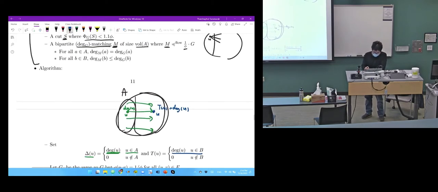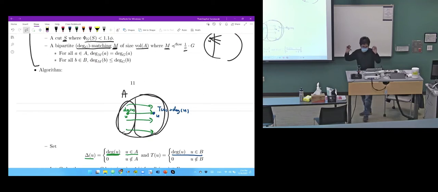So this means that if you find a flow that satisfies the source and sink function, then it really corresponds to this graph M, where the degree of M of everything in A is the degree here, and the degree of B is at most the degree of the graph.